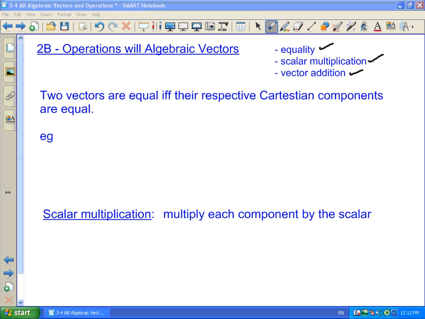Two vectors are equal if and only if, that's what this IFF means, if and only if their respective Cartesian components are equal.